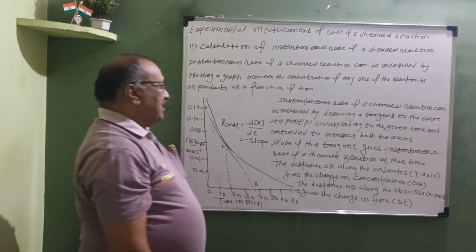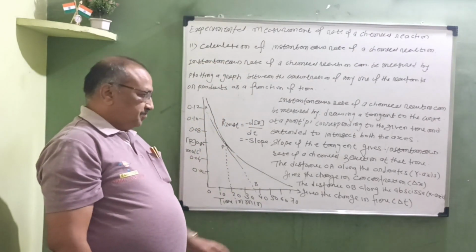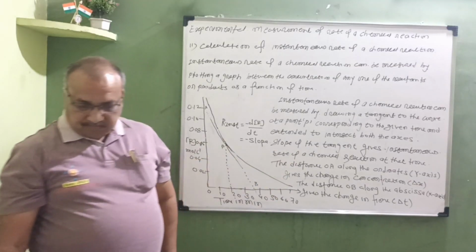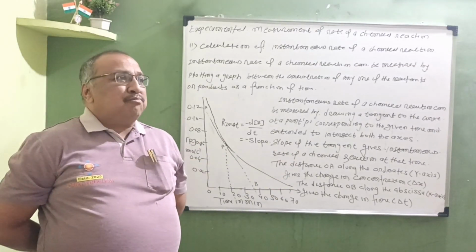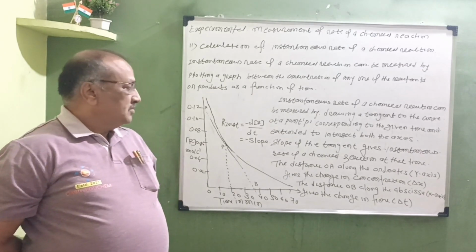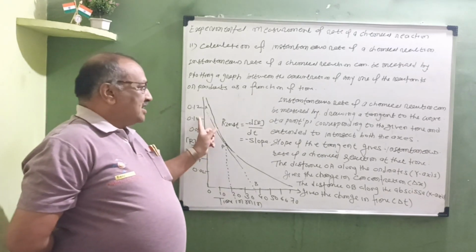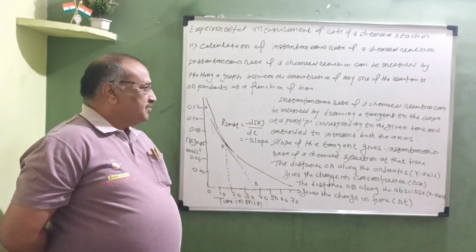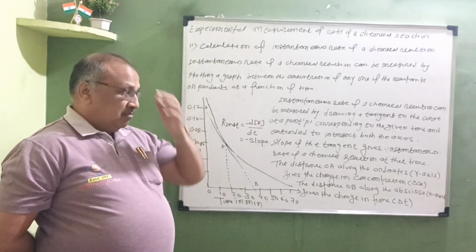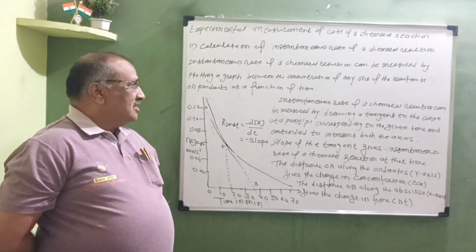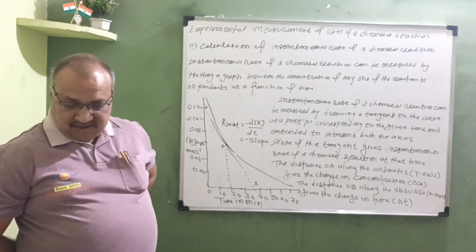Now keep in mind, most important point is that y-axis is called ordinates, while the x-axis is called abscissa.